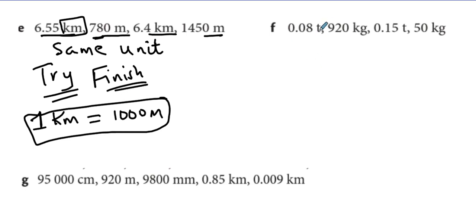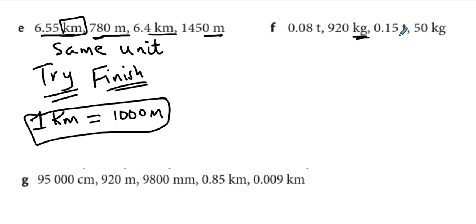Maybe in this one we have T for ton, and we have kg for kilogram. So here we have to convert the units into the same unit, and in here we convert the ton into kg.